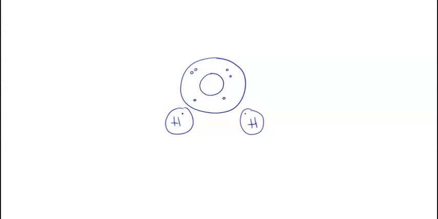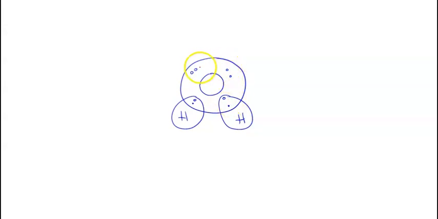So when the water molecule forms, the electron for hydrogen gets pulled closer to the oxygen than to the hydrogen. So although this is a covalent molecule and the electrons are shared, they're definitely not shared evenly. The oxygen ends up taking more of that negative charge of the electron than the hydrogen does.